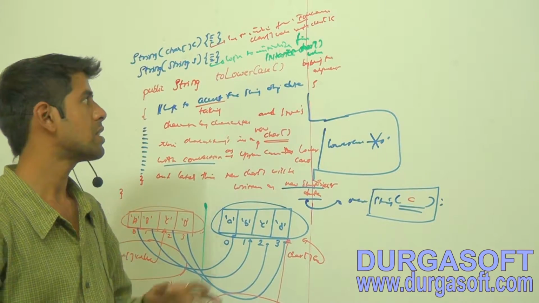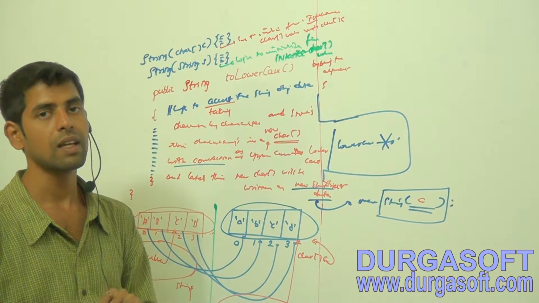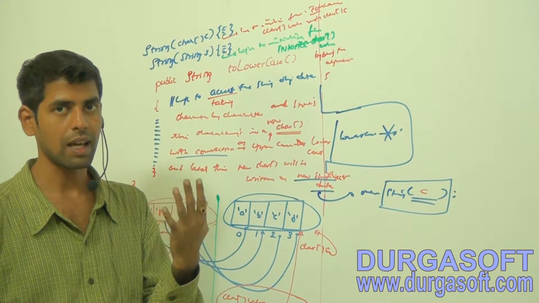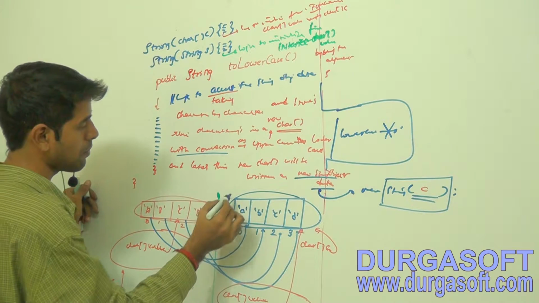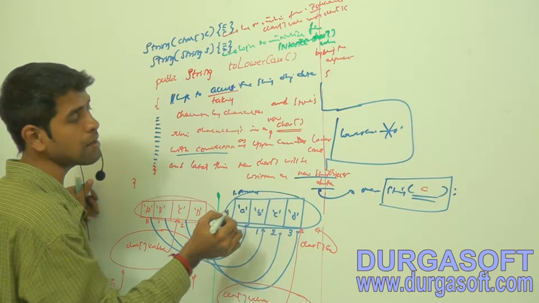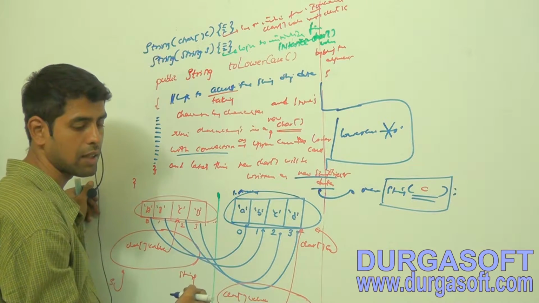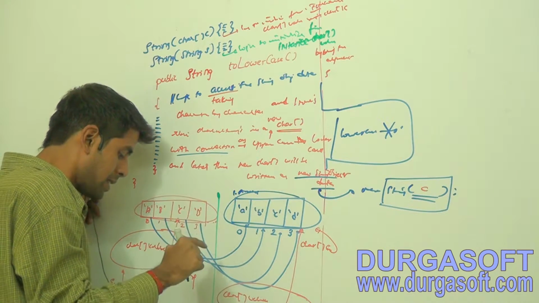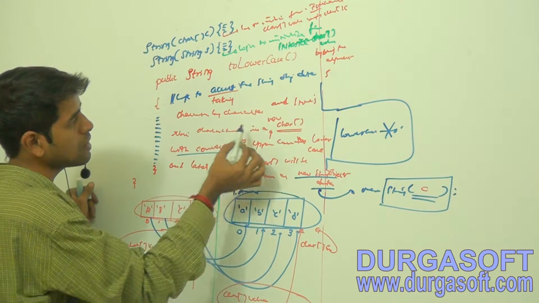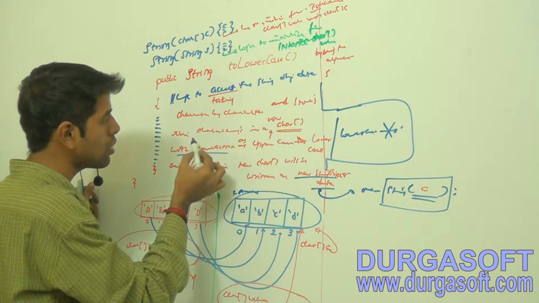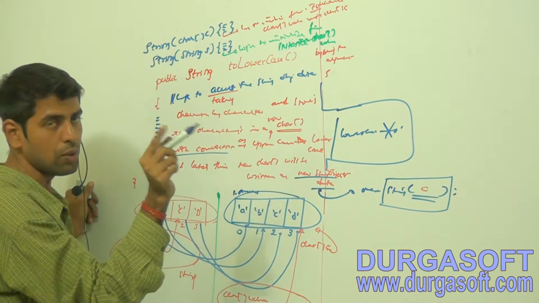First I will access the string object data, getting character by character, and these accessed characters I will store in a new char array.